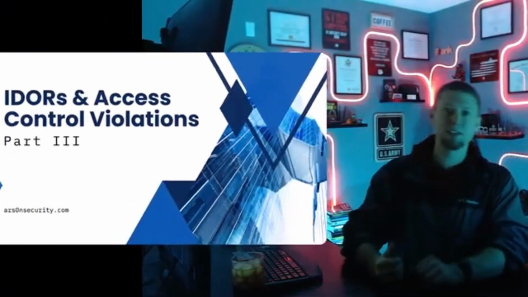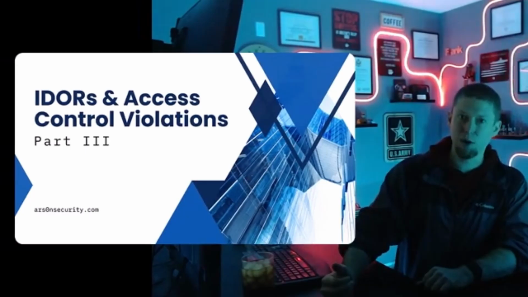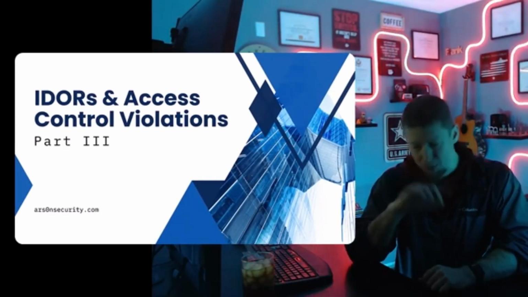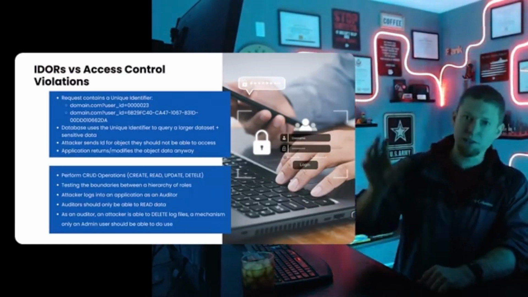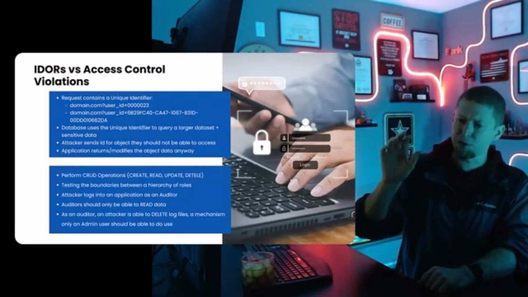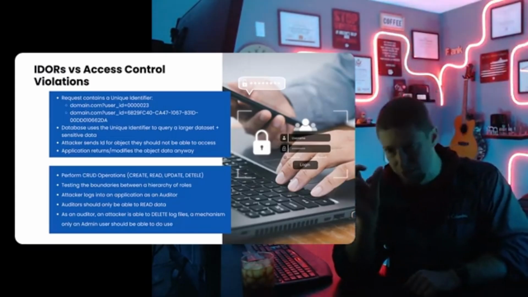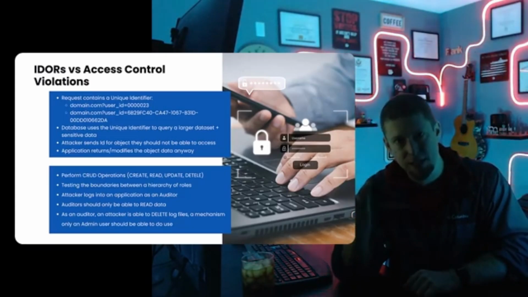But anyway, today we're going to do our part 3 for indirect object references and access control violations. So just as a quick refresher, indirect object references, IDORs. We're looking for somewhere in the application where there's a mechanism that is using some type of unique identifier.